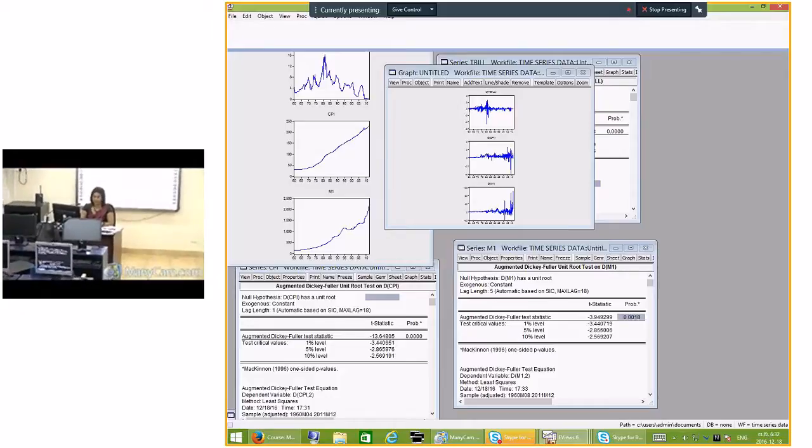Test of co-integration. Right, so that means after testing unit root, the next step is to test the co-integration.